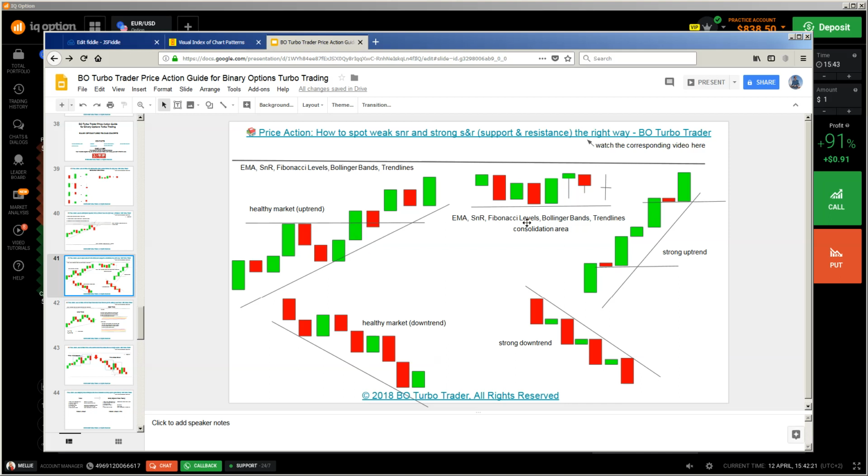In such an area, between two EMAs or between two support and resistance areas, it's risky to trade candlestick analysis and price action. Avoid this. You can trade such a consolidation area after a breakout, in the direction of the trend, or after a pullback.